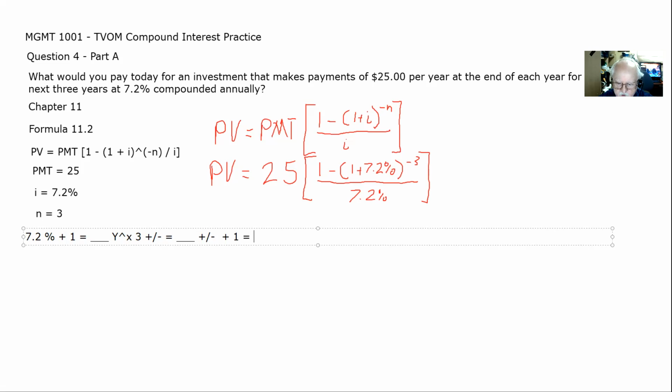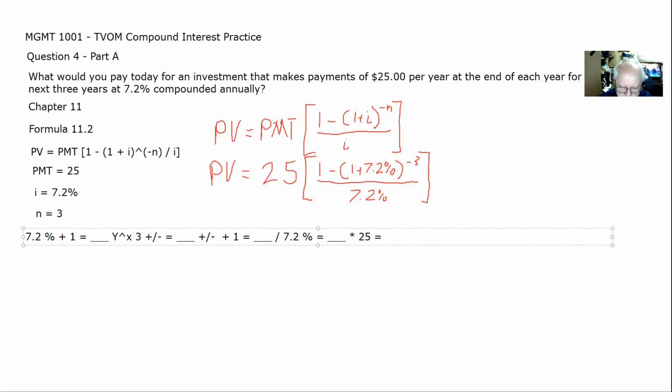Then divided by the 7.2% again, equals, and go times 25 and see what that equals.